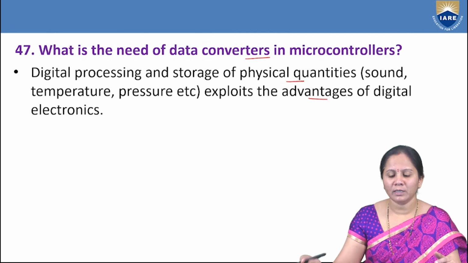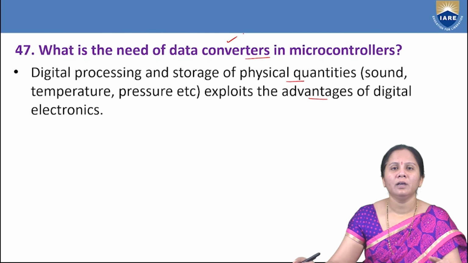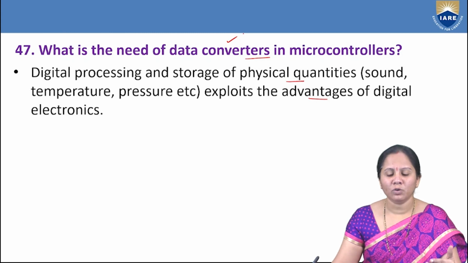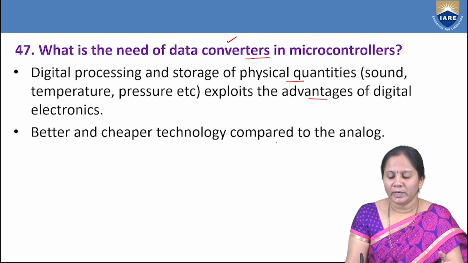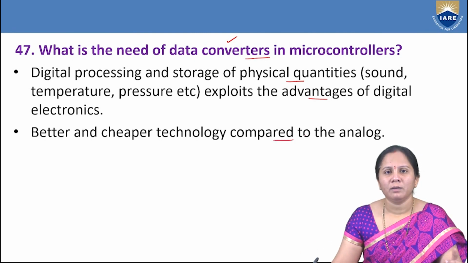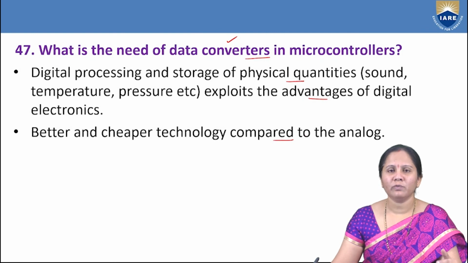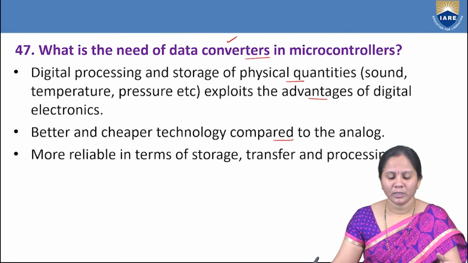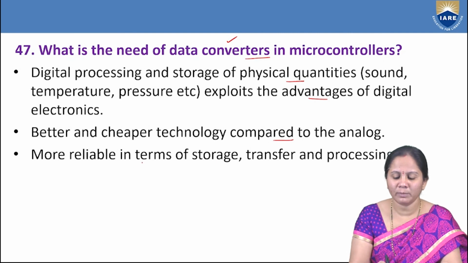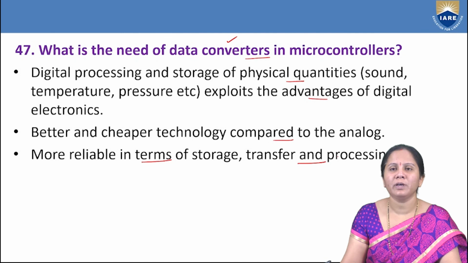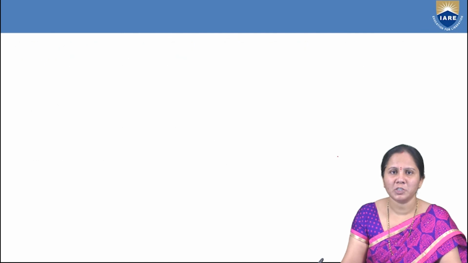The devices understand only digital information, so that is why we have to use data converters. Data conversion is a better technology than going for analog. It is more reliable in terms of storage, transfer and processing of information.